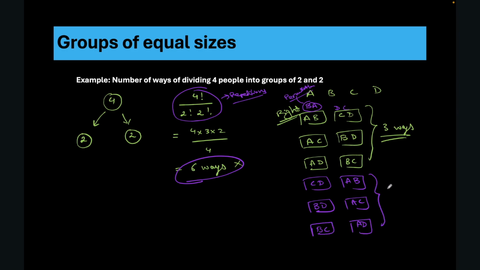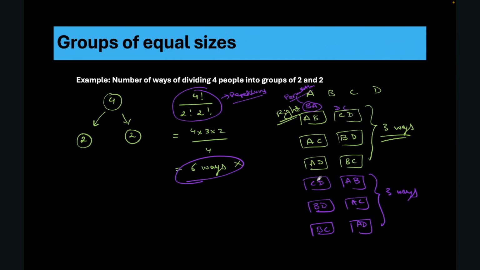And these are my three other ways. But notice, if A and B play C and D, or C and D play A and B, it's the same exact thing. It's like having a doubles tennis team saying, group one is playing group two, or group two is playing group one. It's saying the same exact thing. If you remember, it's like the same situation as the handshake situation.